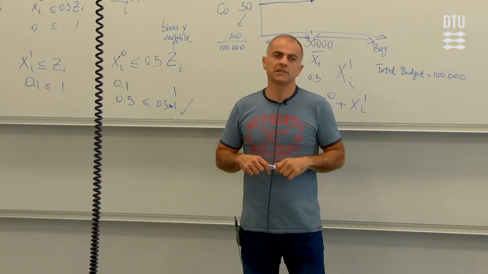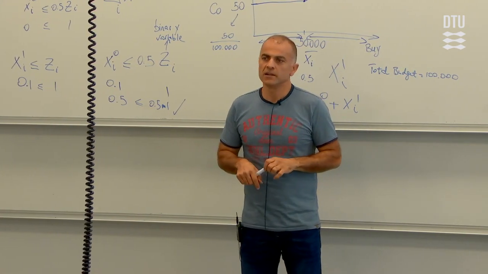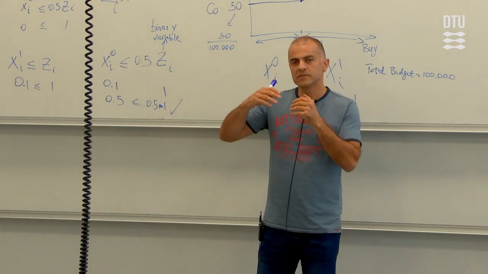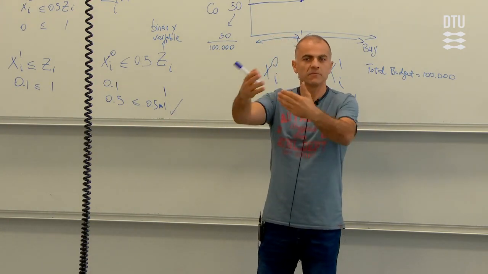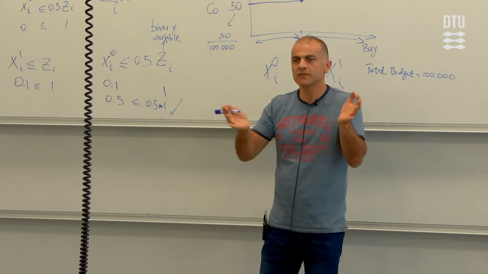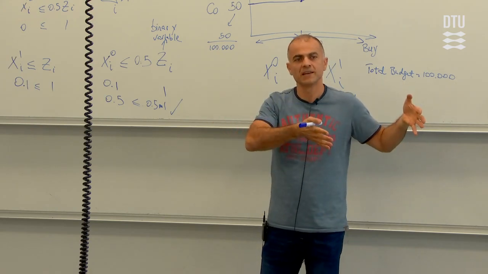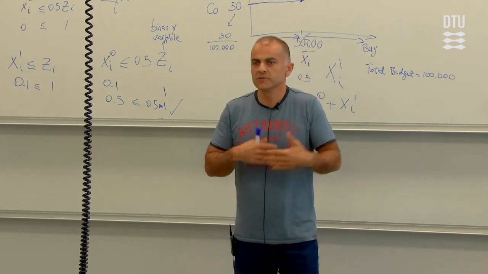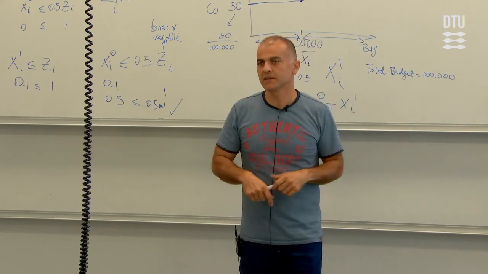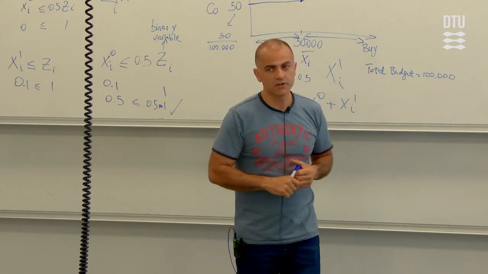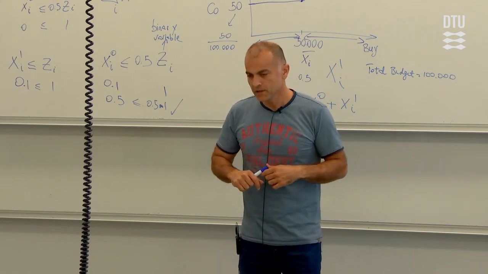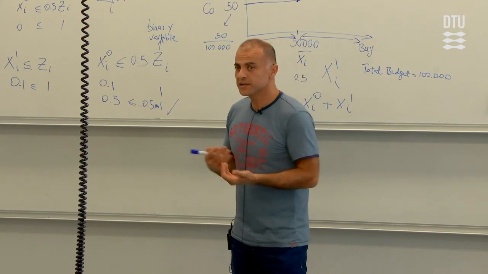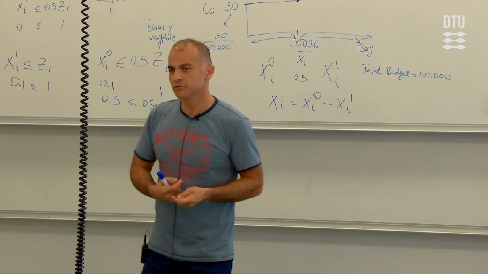I'll give you an exercise afterwards where you have to look into historical returns, and we look at historical returns as possible future scenarios, and then we will run the mean absolute deviation model. That would introduce you to the realm of scenario optimization, which is a topic I get back to later in the course.